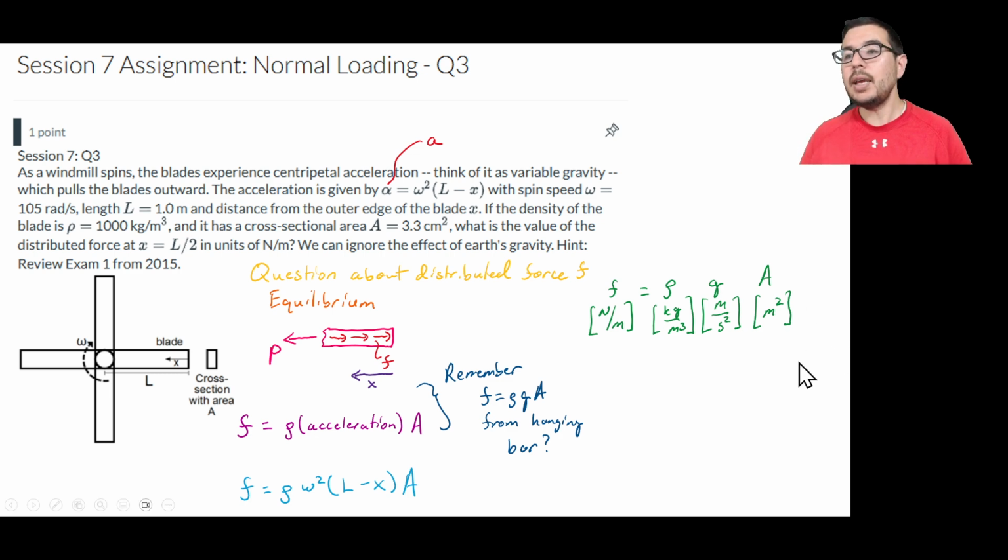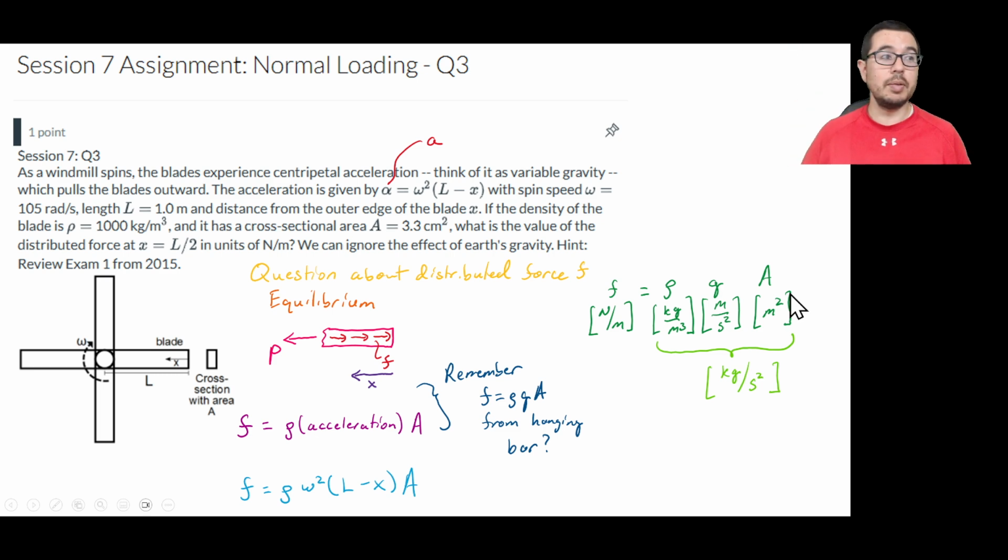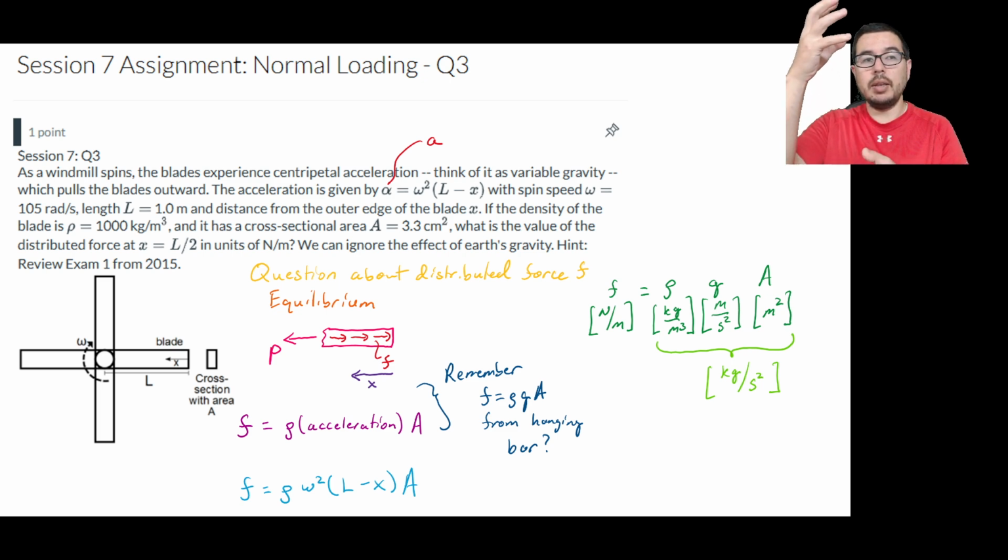If we were multiplying by L, which is what we kind of do if we're trying to figure out a force, not a distributed force, but a force acting on a mass, we do rho times the gravity times the volume.